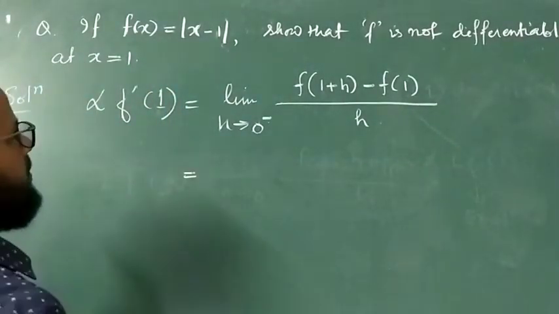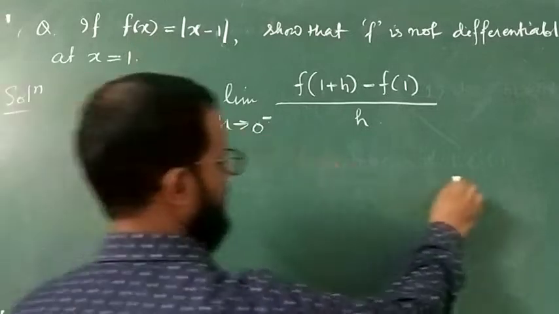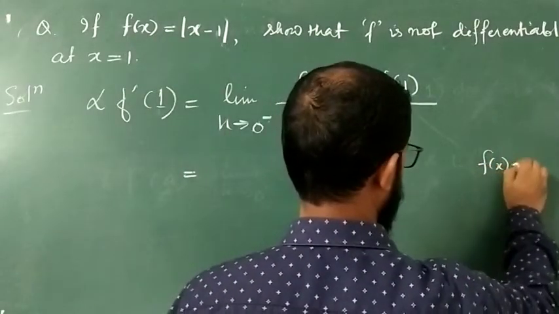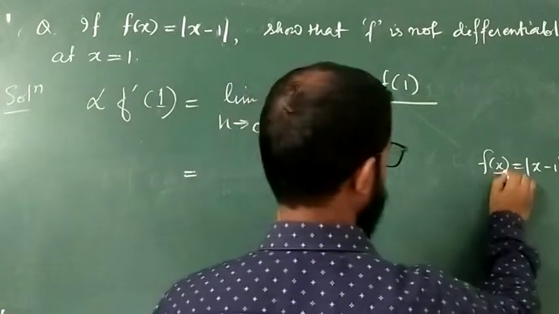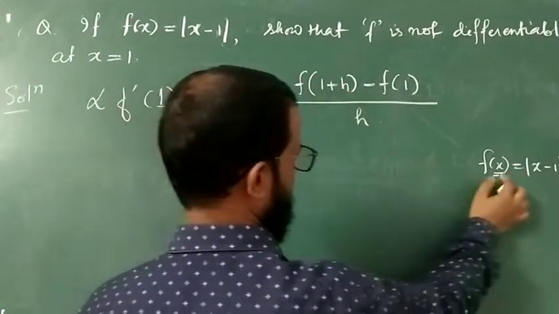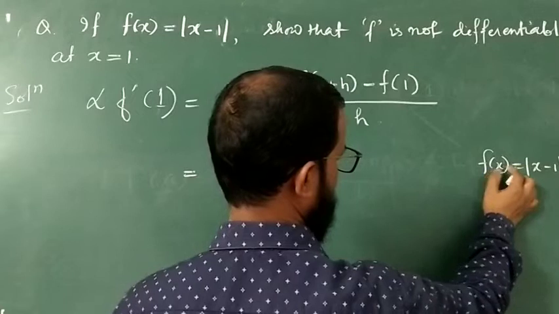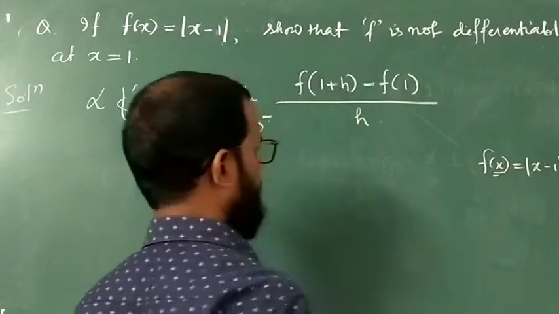Now your function is f(x), given as modulus of x minus 1. Now if x is replaced by 1 plus h, here also we can write 1 plus h.